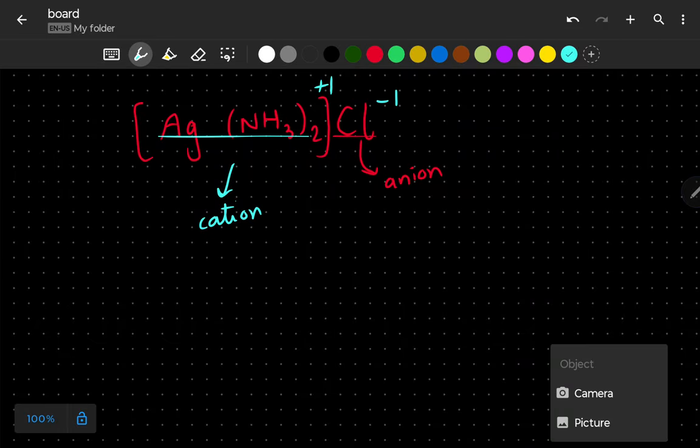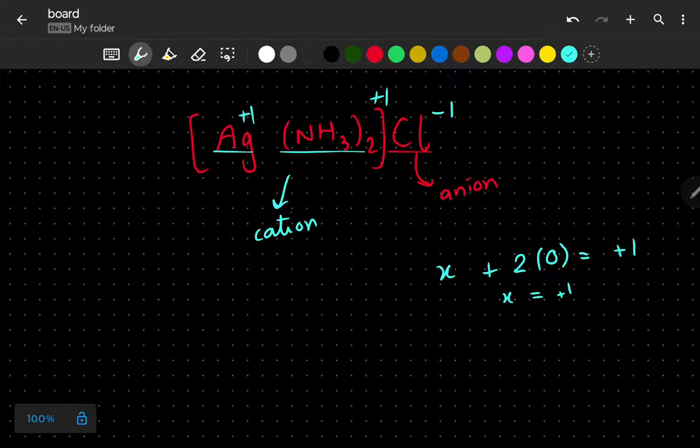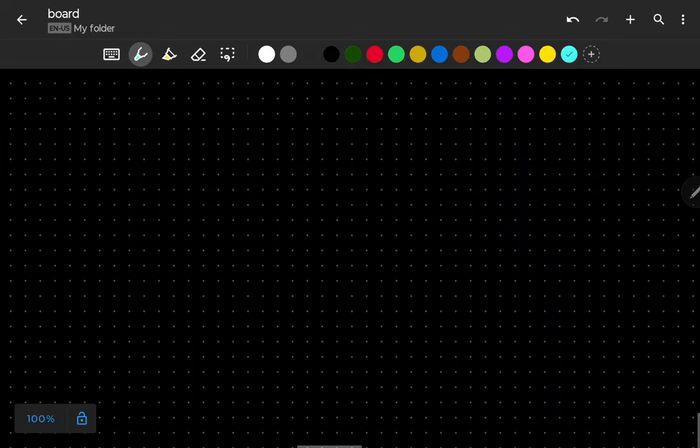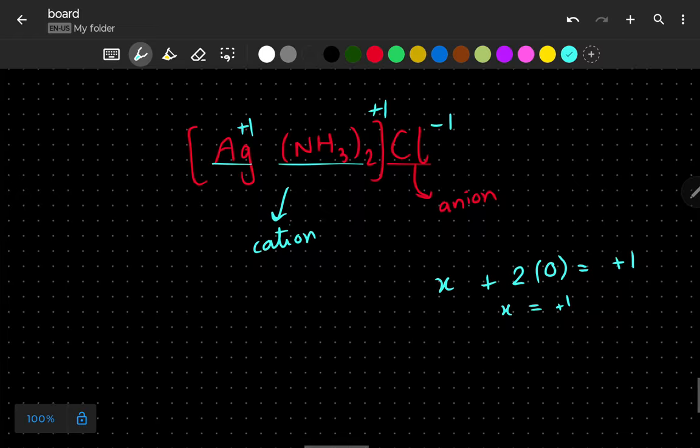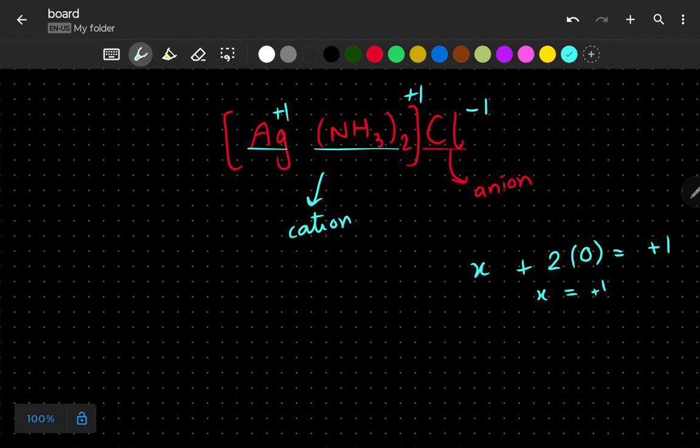Now let's discuss silver. We have to find the oxidation state for silver. So just write X plus 2. For ammine, it is a neutral molecule, so 0, is equal to +1. X is equal to +1. So the silver has +1. Now write the name of the compound. Diammine.